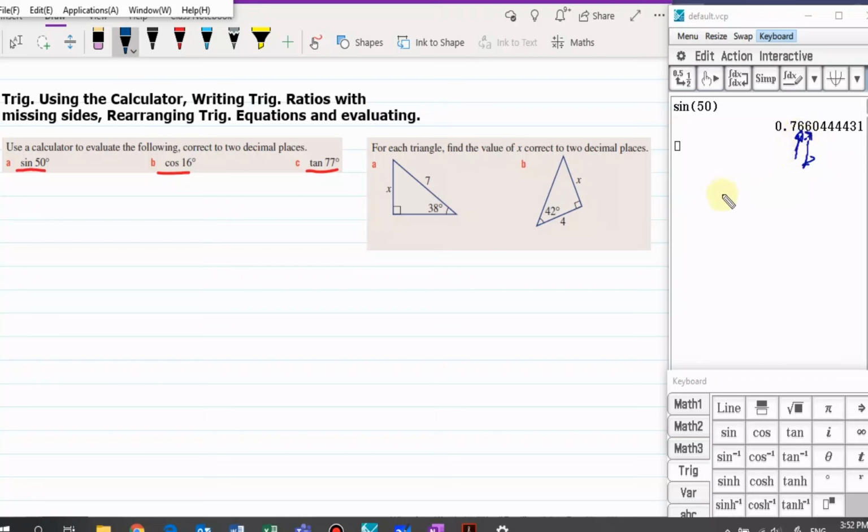So instead of 0.766, we want to cut it back to this one, because that 6 is 5 or above. It's going to round it up to 0.77. All right, so that's our first one.